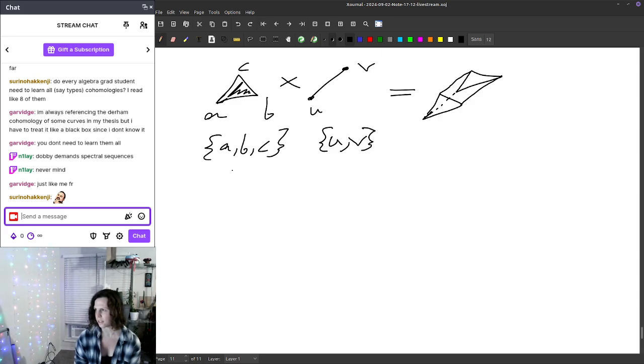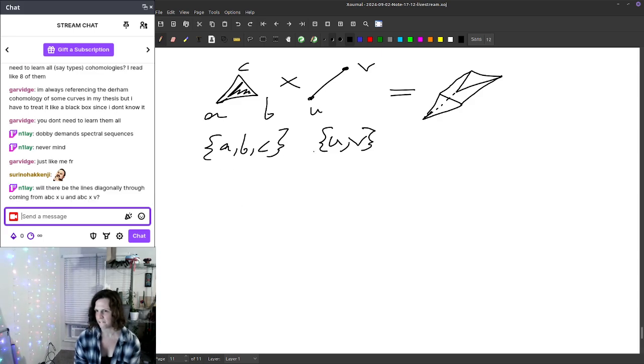So instead, there will be lines diagonally through ABC across U, and so here's like AU, BU, CU, and AV, BV, CV. Wait, so you're saying lines diagonally coming from ABC across U?